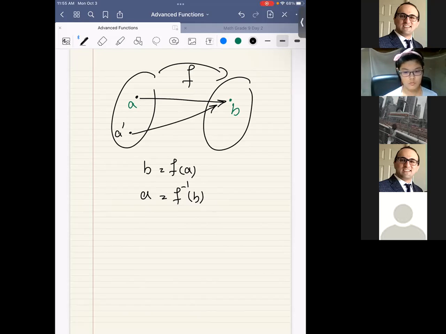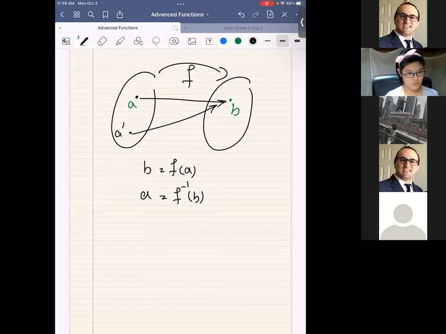So a function that is not one-to-one doesn't have an inverse. But if a function is one-to-one, that means for any element in the range, there is only one element in the domain that corresponds to it, then you can have an inverse.